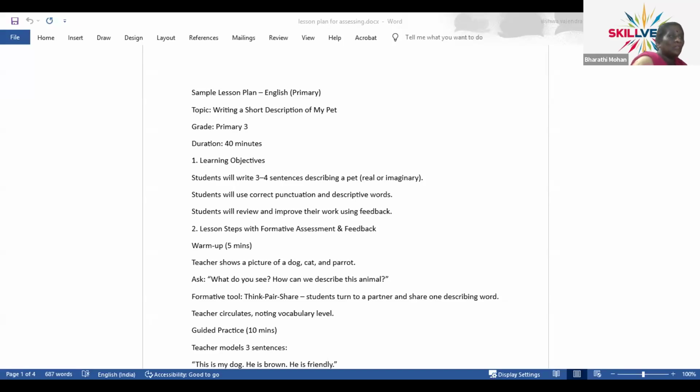So one day you can just have assessment. Suppose you want to assess children for prepositions. You can say, please take out your notebook and your pencil box, but we are not going to write. Now take your pencil and keep it inside your book. Keep it on your book. Hold it above your book. Keep your hand above your head.